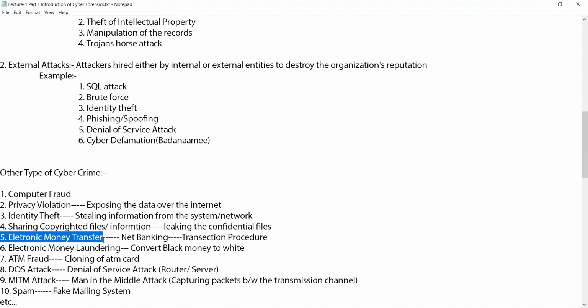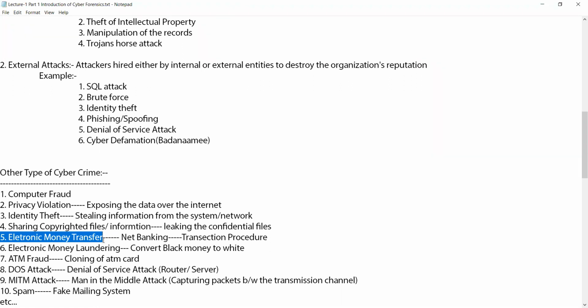In that case, the cyber criminal captures all the transaction packets, and after that they make changes and alterations in that particular packet, like the amount and the account number.